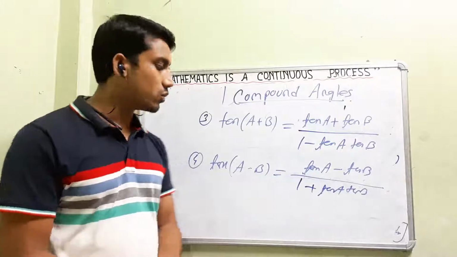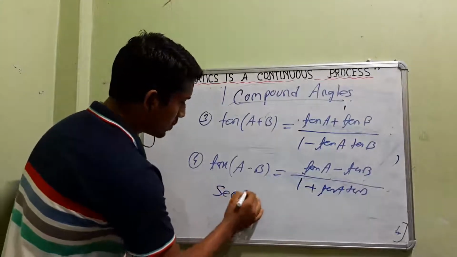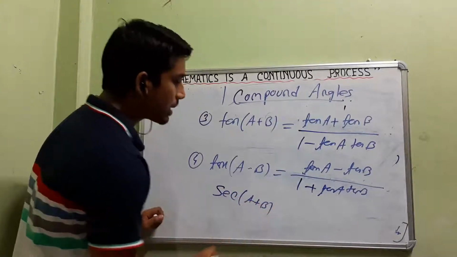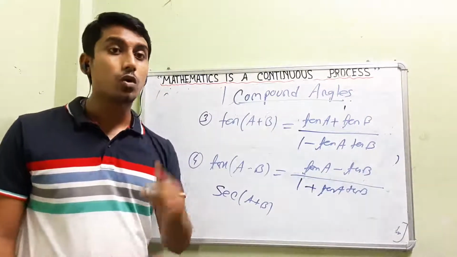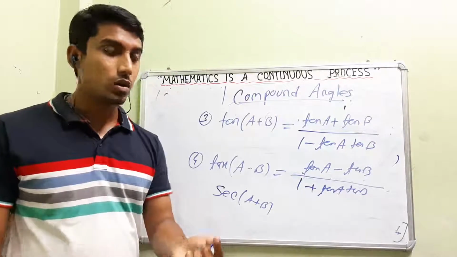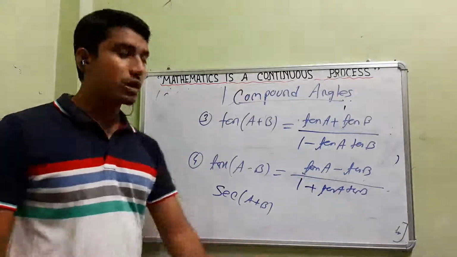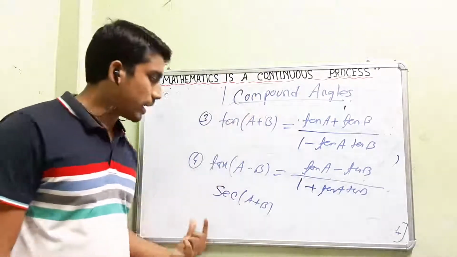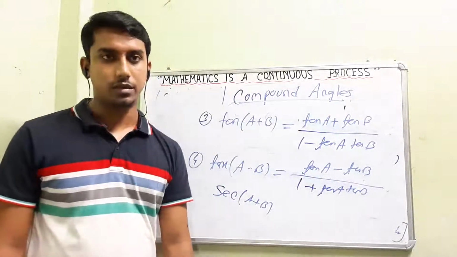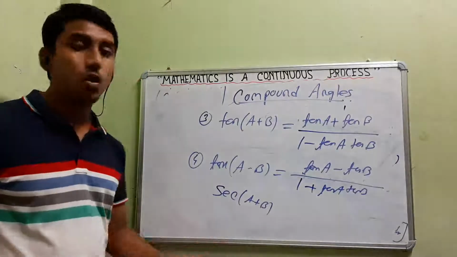You may ask me, sir, what would be sec(A plus B)? We will not learn a formula for sec(A plus B). We will learn the formula for cos(A plus B). If you know cos, then by the reciprocal relation, sec is 1 by cos, so we can easily get it. Let me show you what is cos(A plus B).